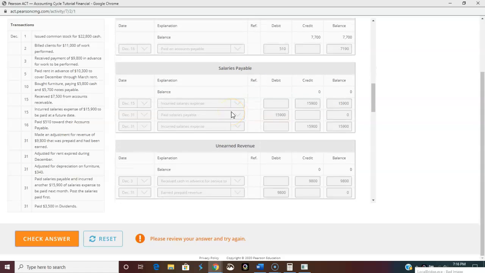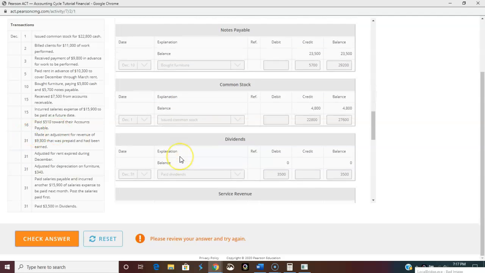Salaries payable 15,900. Unearned revenue is 0. Notes payable 27.6.